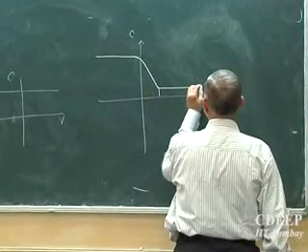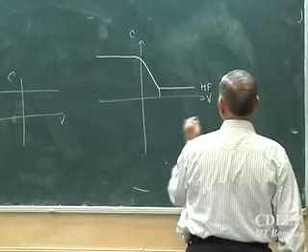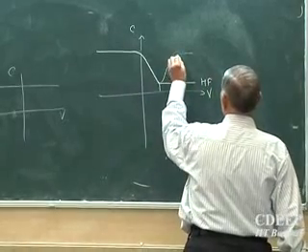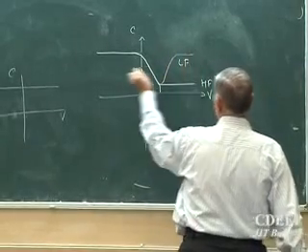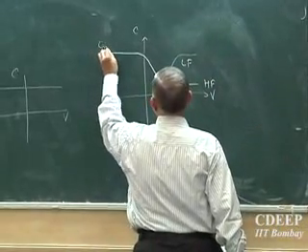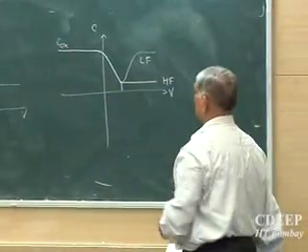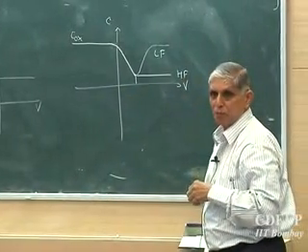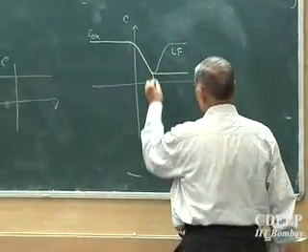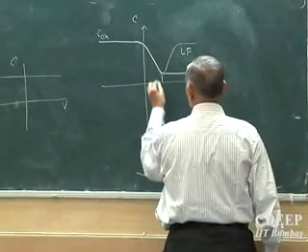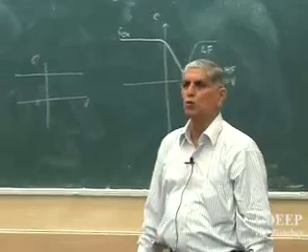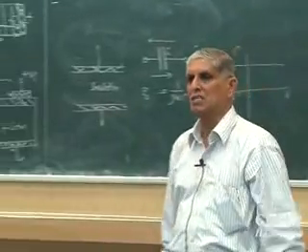This is called high frequency CV, and there is also low frequency CV, where it goes back. This value we define as the oxide capacitance, and there is a minimum observed on the forward positive side.